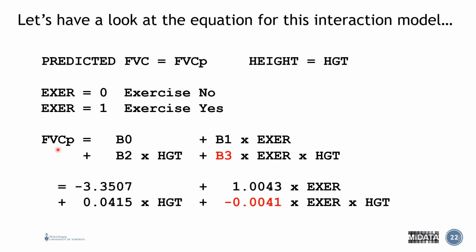Your predicted FEC is going to be your intercept, beta naught, plus beta 1, the coefficient for the exercise variable in your model, plus beta 2, the coefficient for your height variable, plus beta 3, your coefficient for the interaction term, exercise times height. What you can do is go back to the previous slide, look up those coefficients, beta naught, beta 1, beta 2, beta 3, and just replace them here, and voila, there is your interaction model for FEC.